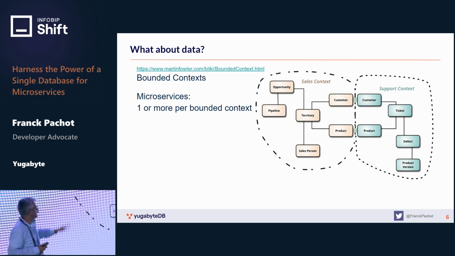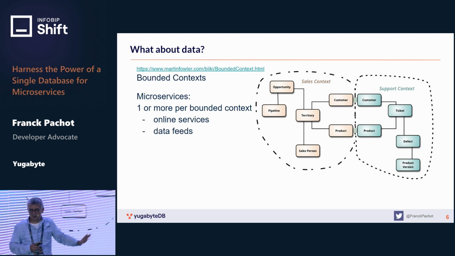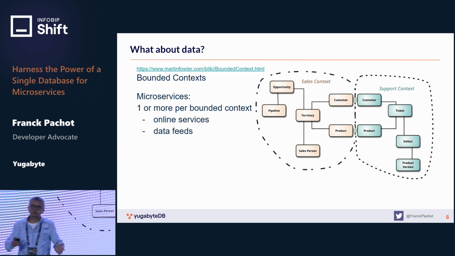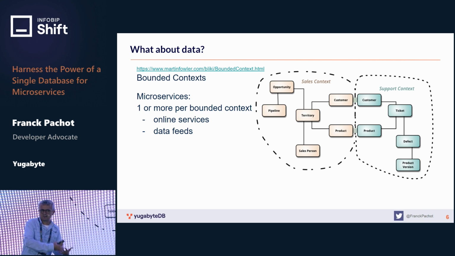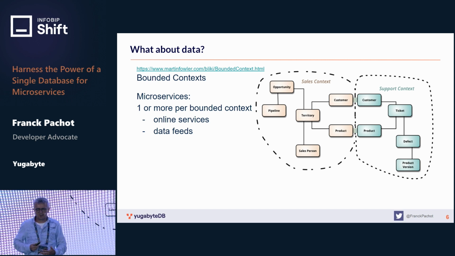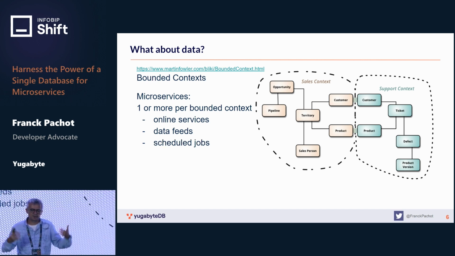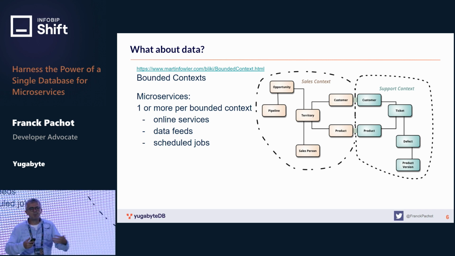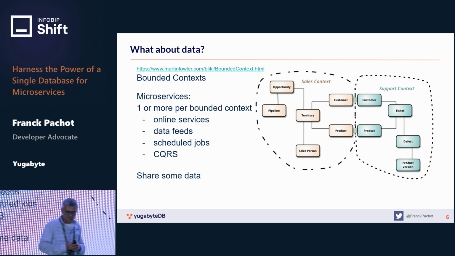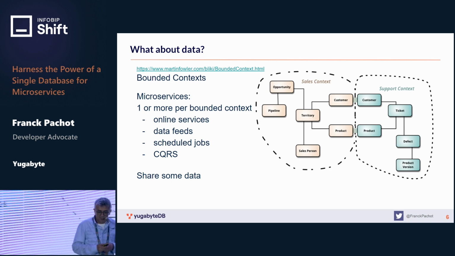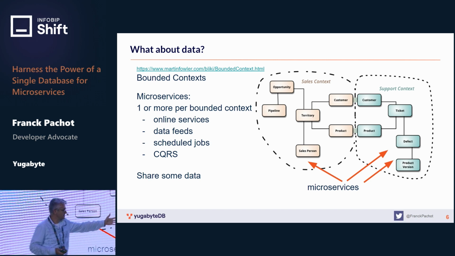There is some data that is specific to a context, but there is some data that is shared. And within each bounded context, you may have multiple microservices, because you have online services, which have some requirements with data feeds, scheduler jobs, whatever. So technically, even within a context, you may have modules that you want to separate or do command query segregation. But they share some data, means that you have multiple microservices.